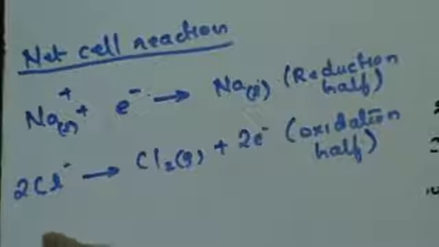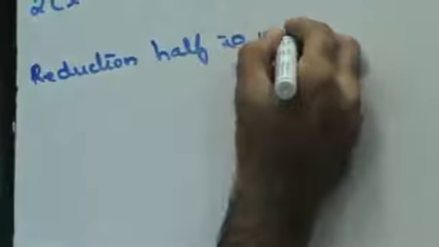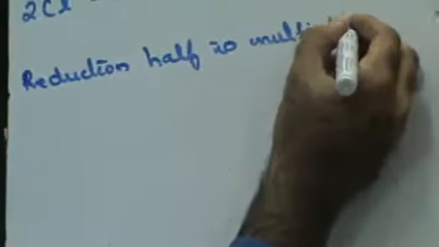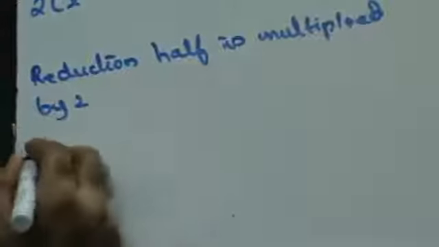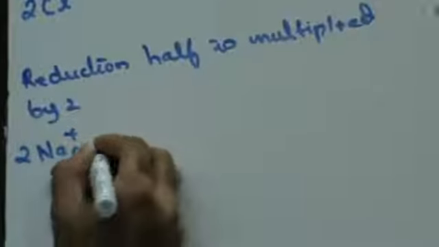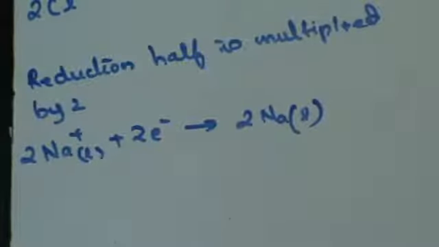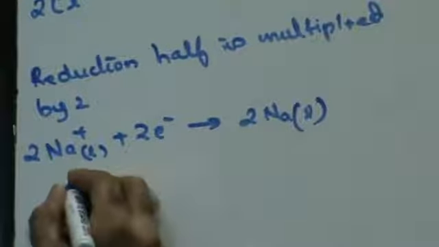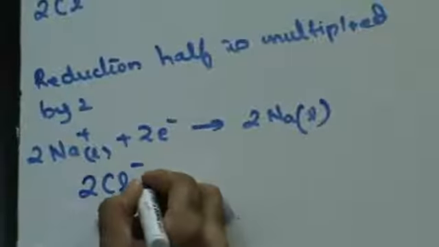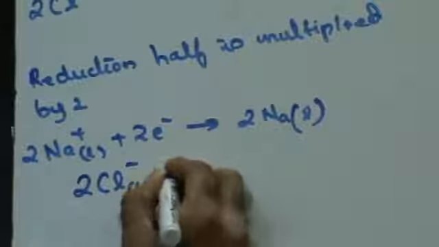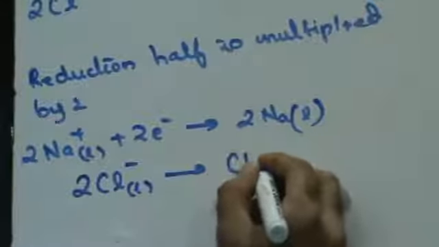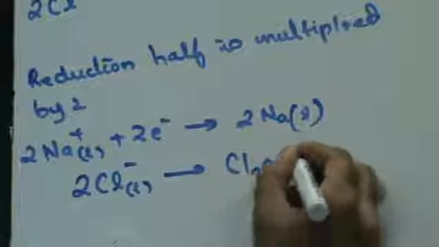Reduction half multiplied by 2. I'll get 2 sodium ions plus 2 electrons will give you 2 Na liquid. Right? Now add this to 2 chloride ions in liquid form would give you chlorine gas, Cl2 gas plus 2 electrons.